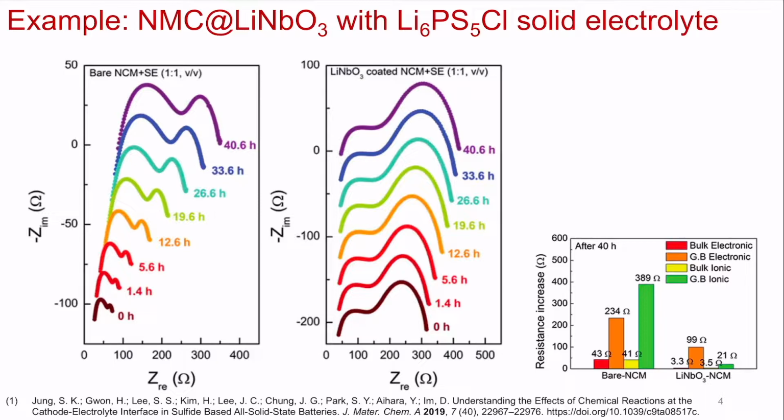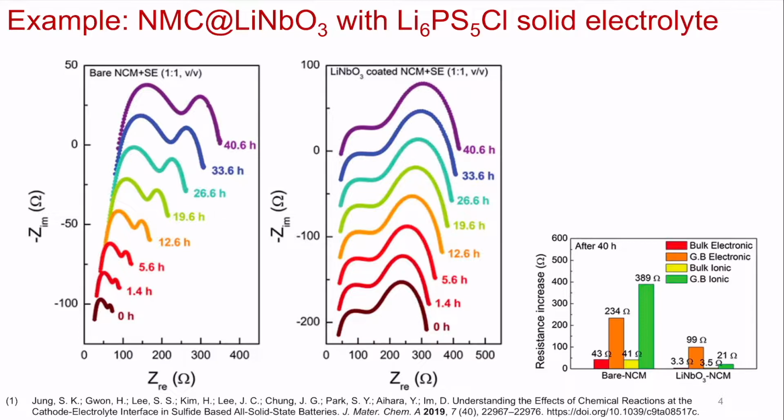Okay, so let me separate those two thoughts. I was trying to make a sequential segue, but I think we jumped it, which is fine. Your thought is that the growth is a result of chemical instability between the bare particles and the solid electrolyte. Your comment is that the rate is not really changing. I mean, it's changing, but not as pronounced as that of the bare particles.